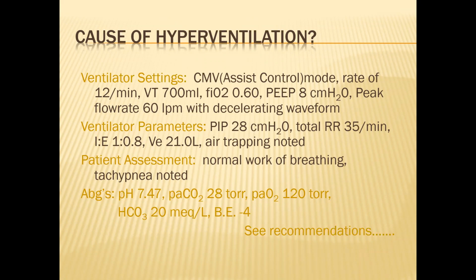Maybe if you catch a leak, that would stop the hyperventilation from occurring right then and there. And then maybe the trigger sensitivity needs to be less sensitive, and maybe that'll stop all these extra breaths. Yeah, circuit and leak around the cuff.